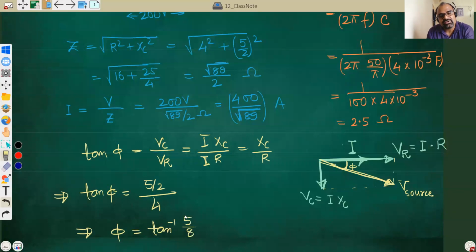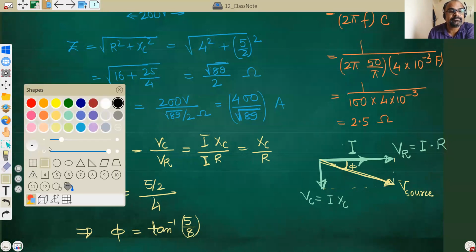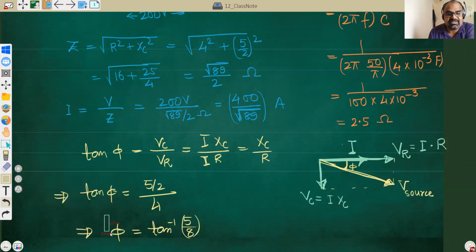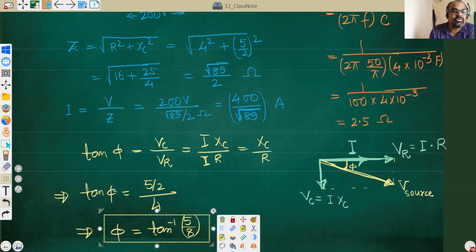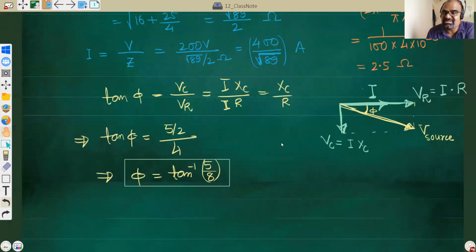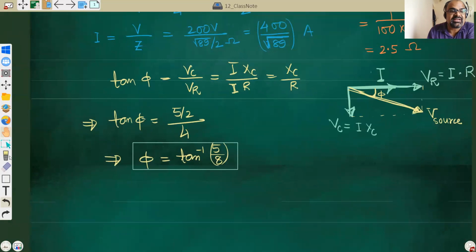So this is the phase difference between voltage and current. Which one is leading, which one is lagging? You can see it's all clear in the diagram. The source voltage is lagging behind the current, or the current is leading the source voltage.